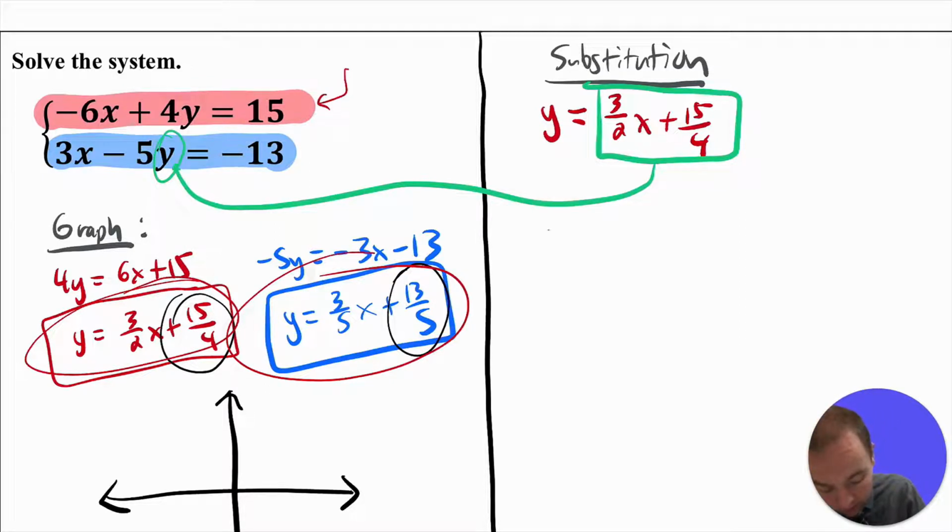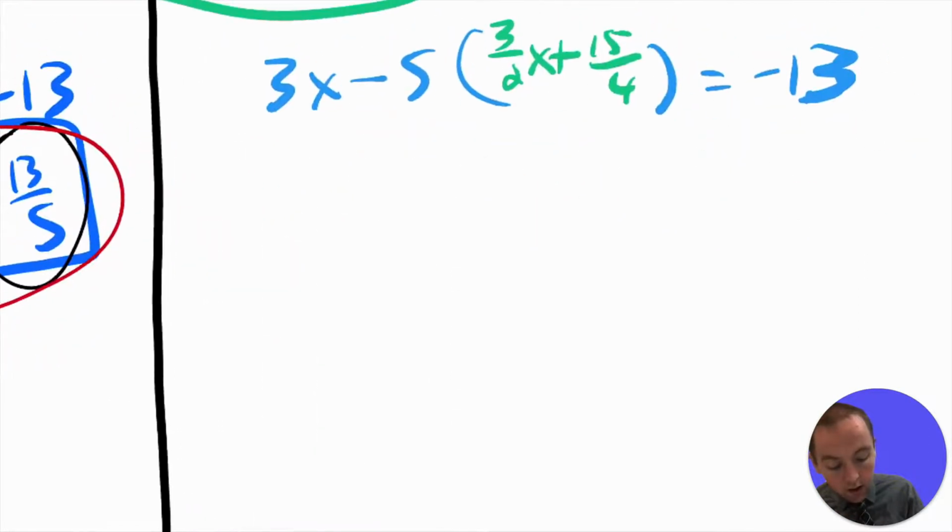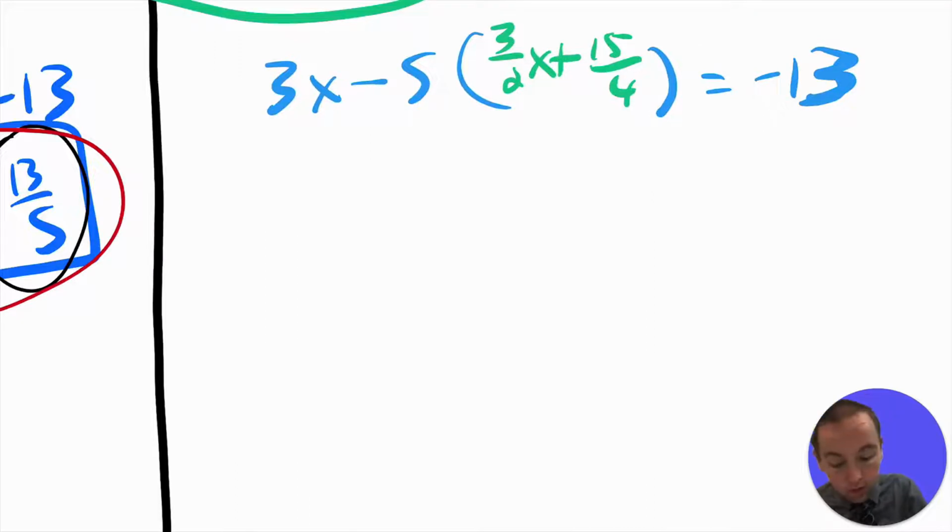Then the 3x minus 5y equals -13 becomes the following once we substitute. It looks like I forgot to write the x, so let's sneak that in there. Now that we've done the substitution, we can solve this equation for x.